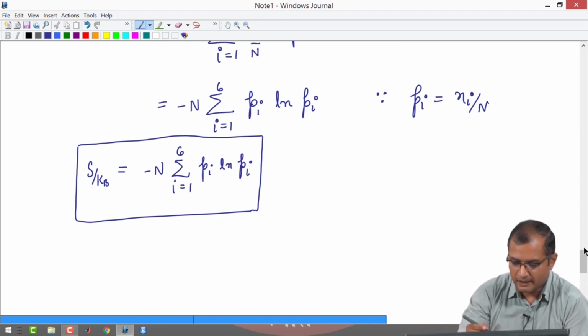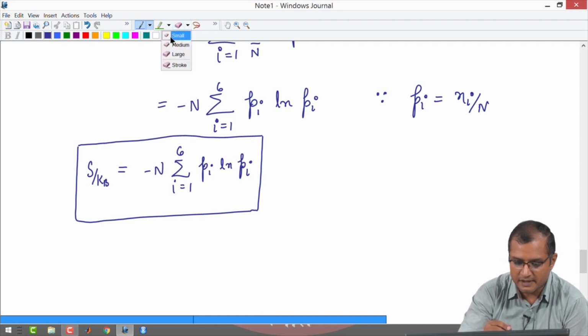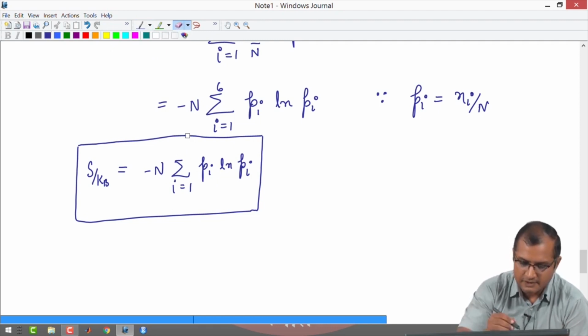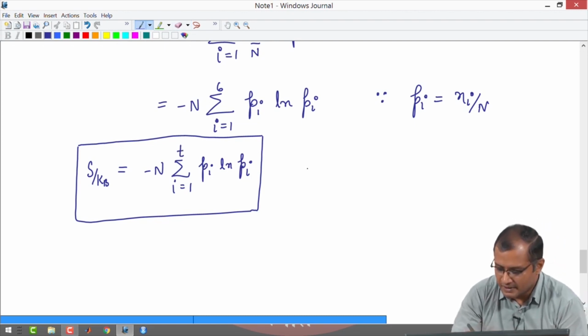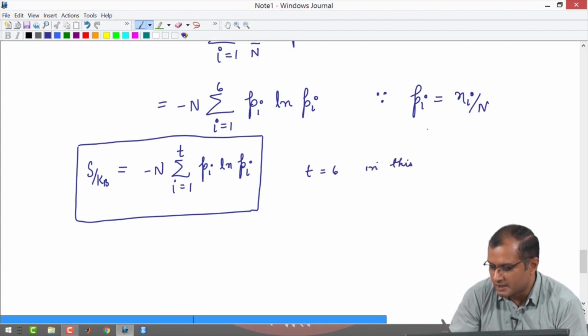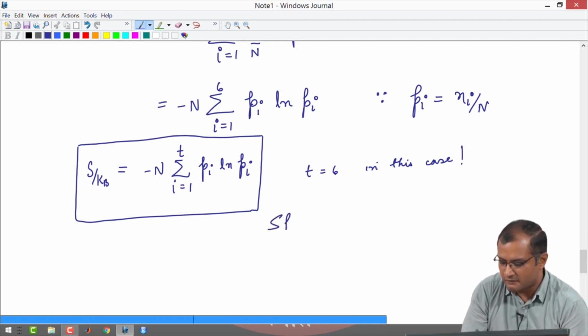So, I could in principle take a t-faced die. Instead of taking 6, I could have taken a t-faced die and taken the sum up to t. Okay. So, t was 6 in this case. In principle it could be any number. Okay. So, this is also called sometimes the Shannon form of entropy.